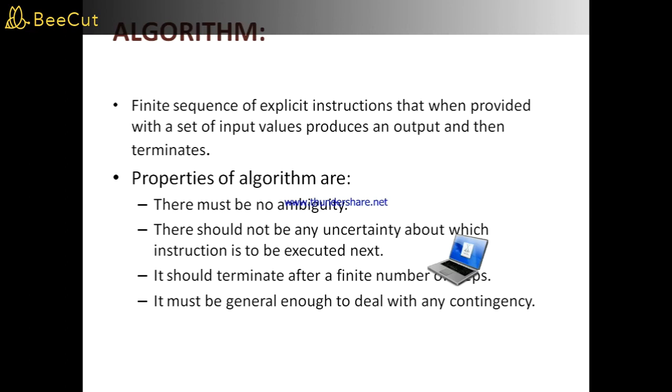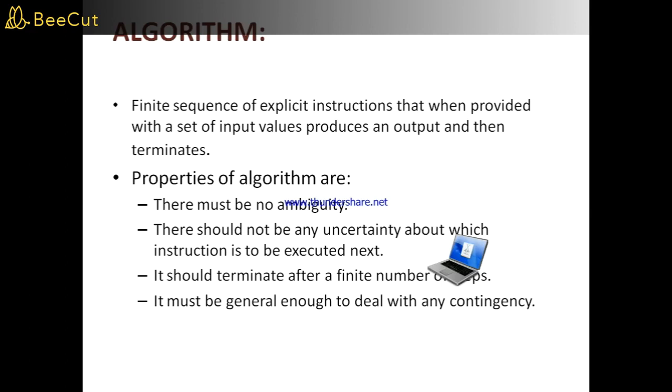And you can have some kind of option. For example, when you are in the fifth step, you can come back to the second step. Clear? So it's also possible. Now you are in the second step, you can go to step 7, or we can go to step 6. That is what the algorithm should be. There should not be any uncertainty about which instruction has to be executed next.